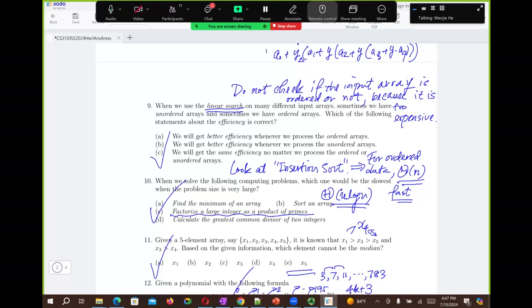When we reach x1, we already have the second largest. So we do not need to do anything when we reach x1. Think about that. All right, so let's take a break.